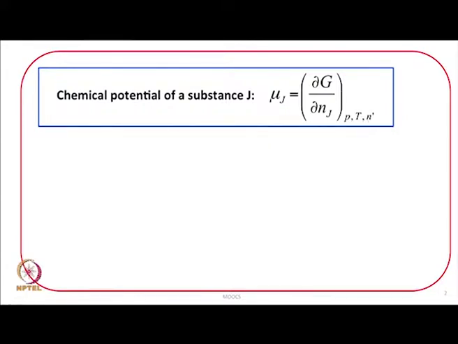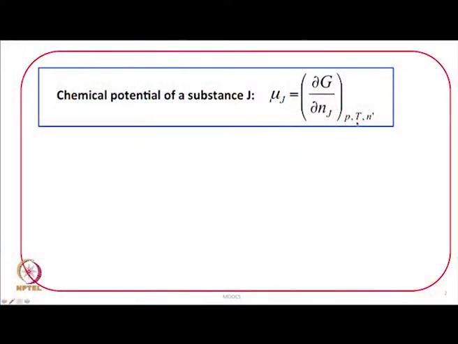The meaning of each symbol in this expression is: mu is the symbol for chemical potential and J is the substance J, G is Gibbs energy and Nj is the number of moles of J, P, T have their usual meanings and N prime means the composition of everything other than the component J is held constant.